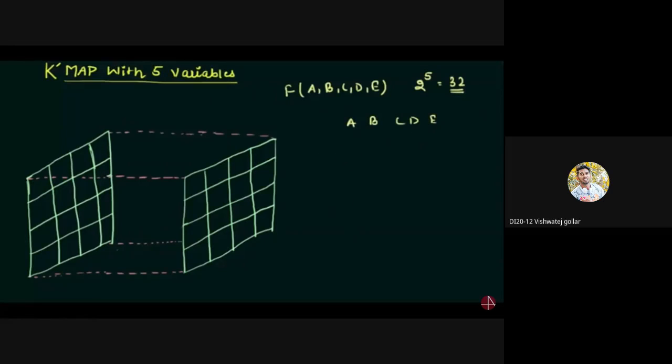So it would look something like 0, 0, 0, and this is a total of 16 terms, where A is 0 and B, C, D, E go from 0, 0, 0, 0 up to 1, 1, 1, 1. Similarly, the next 16 are when A is 1, and all the other terms B, C, D, E will repeat again.